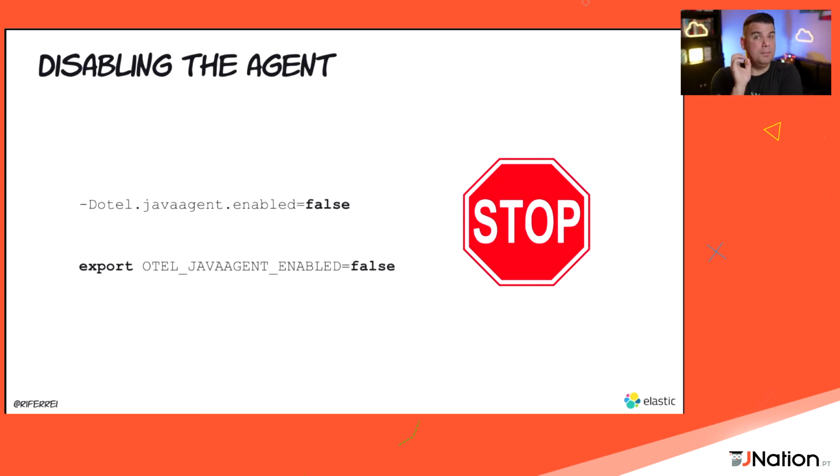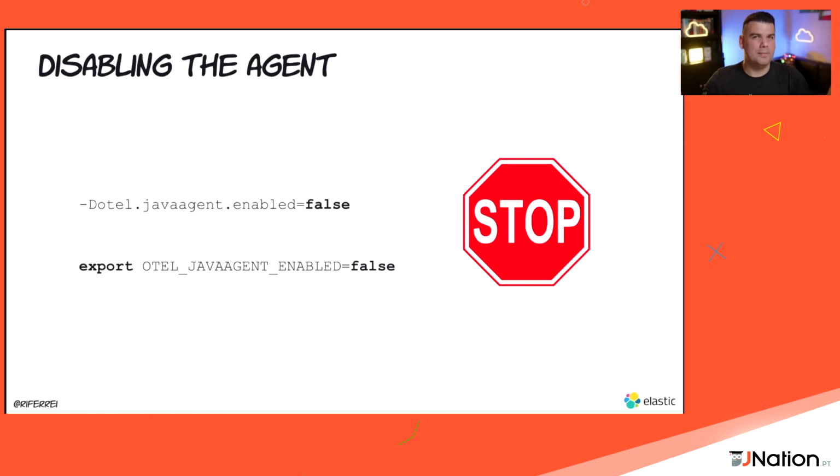Maybe you want to simply disable the agent. You don't necessarily have to manually remove the jar file of the agent from your entry point, because maybe you're using Docker or Kubernetes and you don't want to change your Docker image. The entry point you set on the Docker image is already using the jar file, and you don't want to change that because that image is supposed to be immutable. Supposed to.